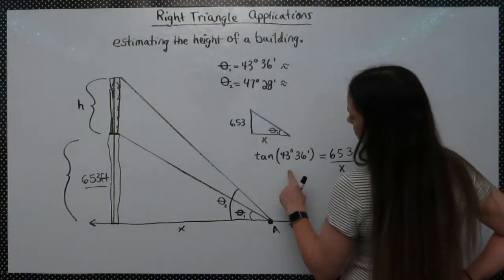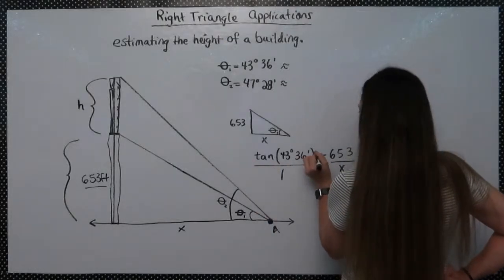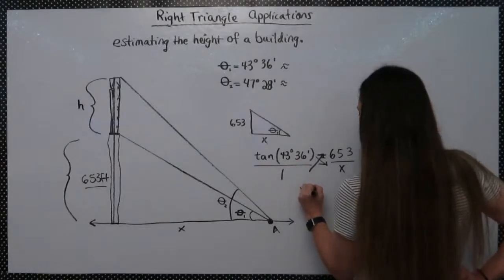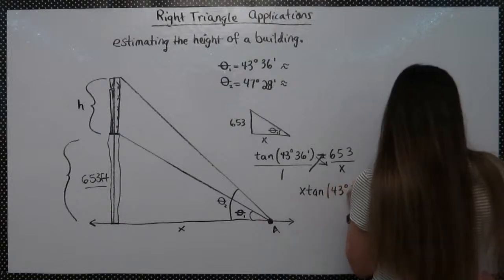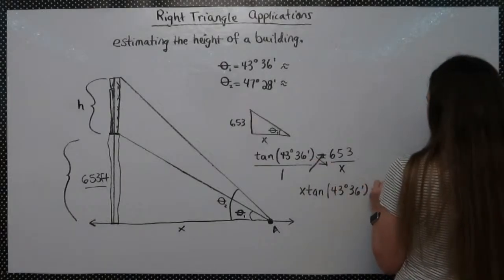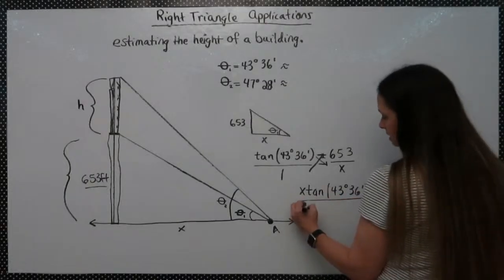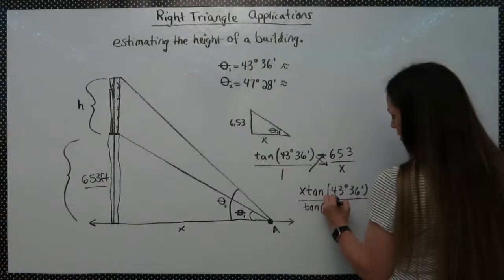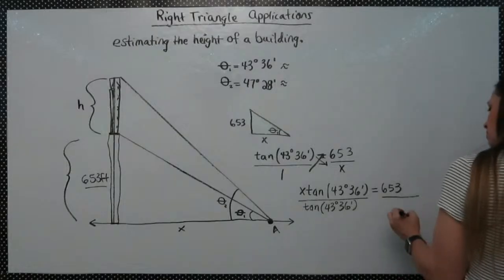And so we're going to say tangent, and then we put this over 1. We could even cross multiply. That's going to give us x tan 43 degrees 36 minutes equals 653. And then we're going to divide off the tan from x, and we're going to do that equal operation to both sides.